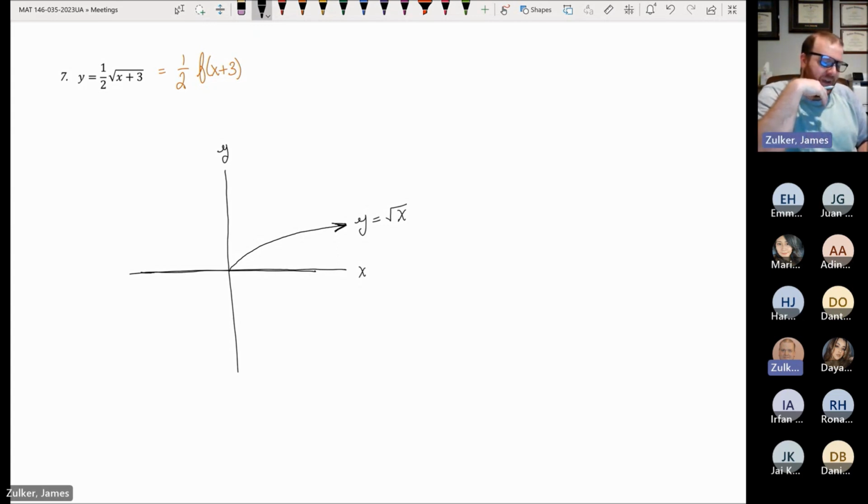So it's going to be a compression vertically by a factor of 2. And then shifted 3 units to the left. So let's say that would be -3.